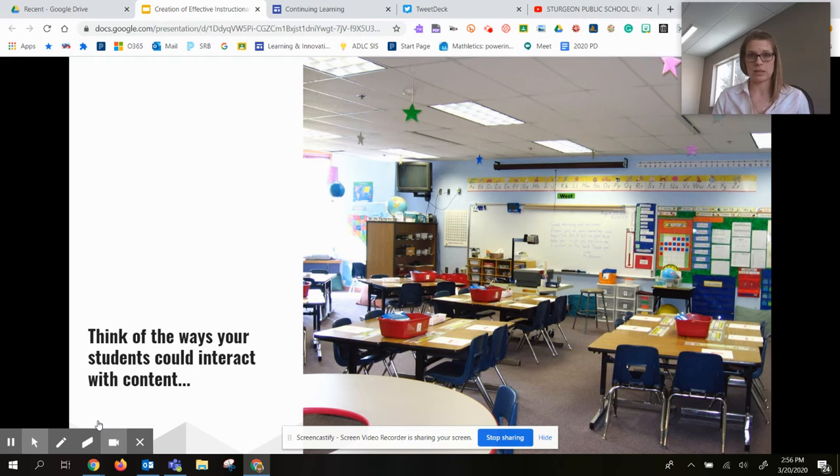So think of all these things and all the things that we as good teachers do to help our kiddos learn. And I want you to think about how, as we move to online instruction and creating instructional videos and trying to encourage really deep learning with our kiddos, we want to bring those strategies with us. We don't want to drop them because the kiddos aren't in front of us.